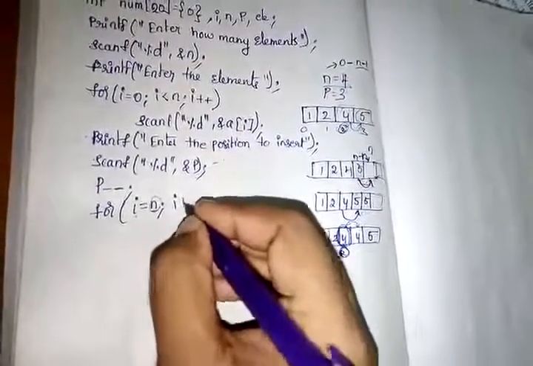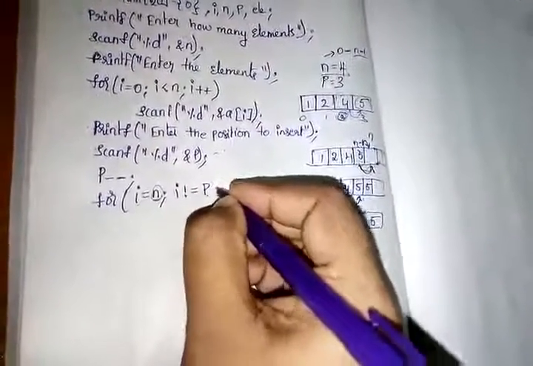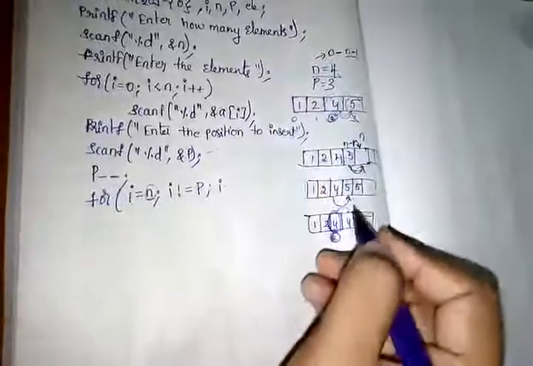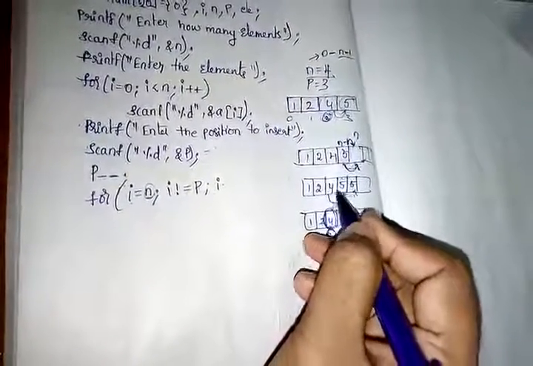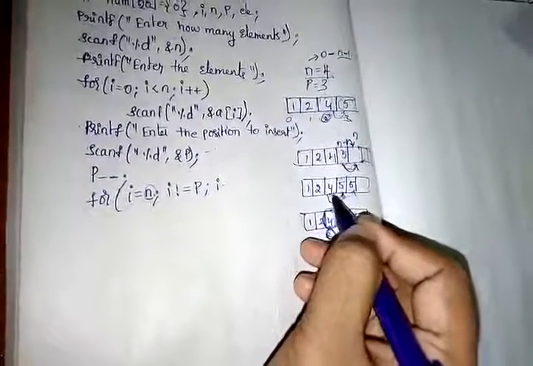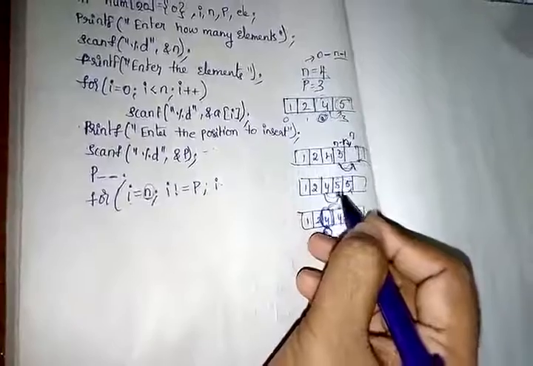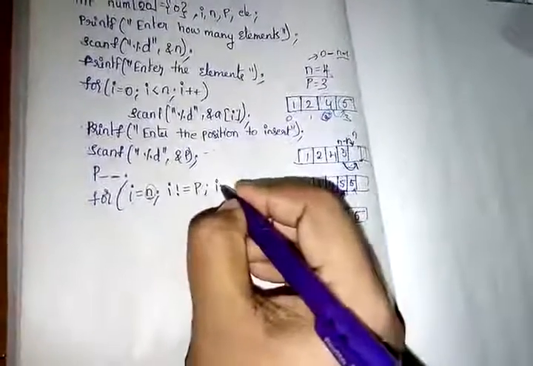So I am considering it from the value n, and until my i value is not equal to p, we need to decrement. After moving this element here, we need to come one step before and then move this. So in the next iteration we need to reduce our index, so i--.